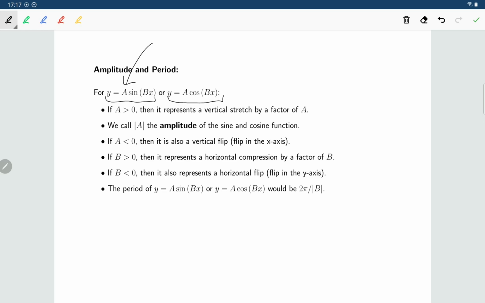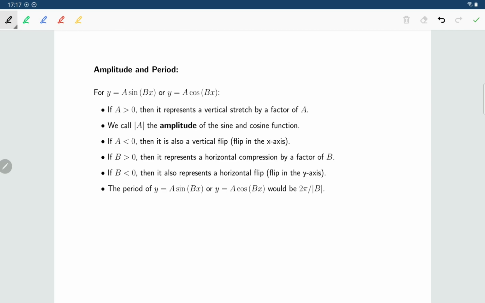That would stretch our graph, and if a happened to be negative, that would stretch and also reflect our graph vertically. You also know that the number b in front of the x has something to do with a horizontal stretch. That's going to compress or stretch our graph horizontally.